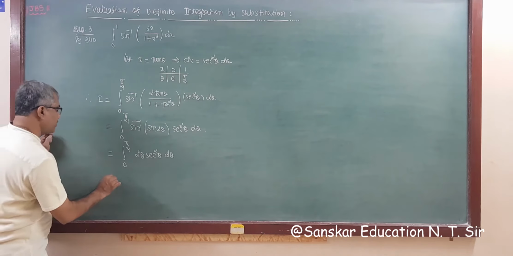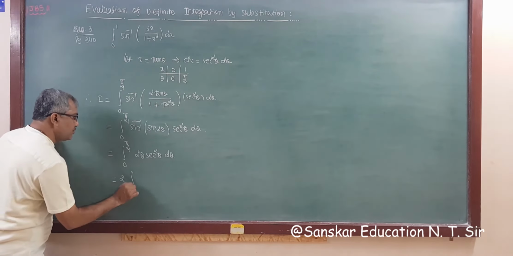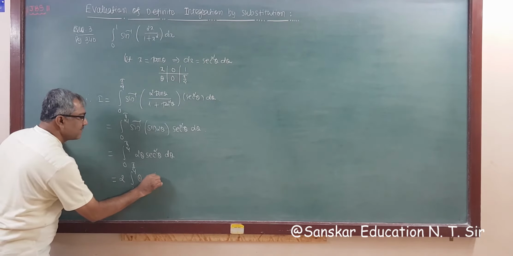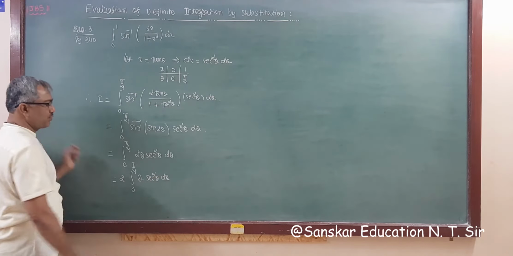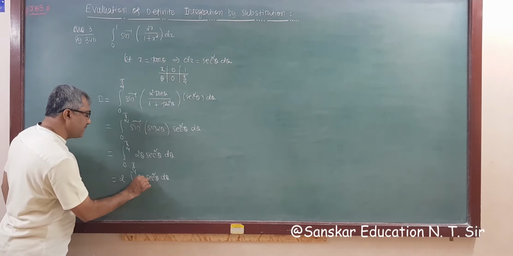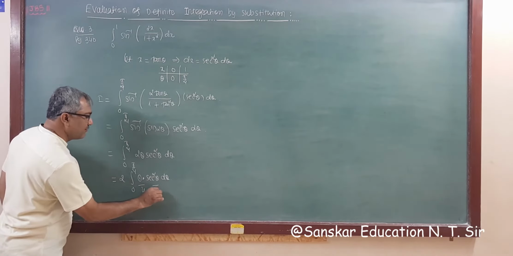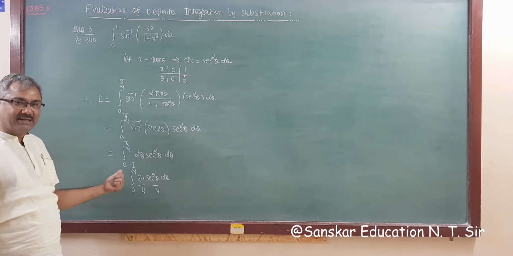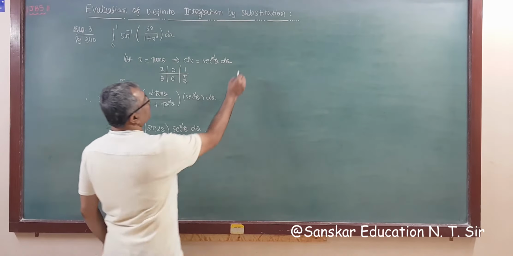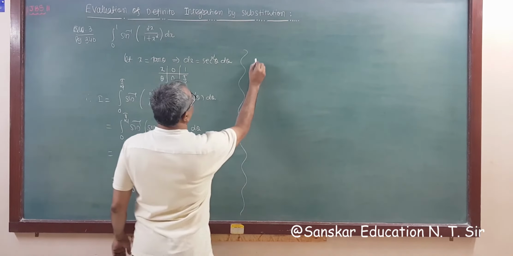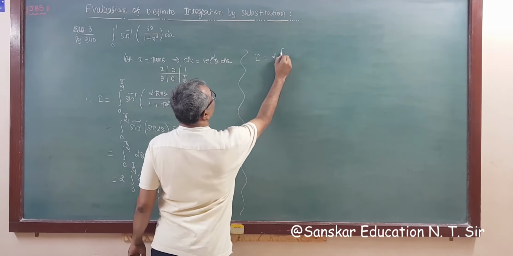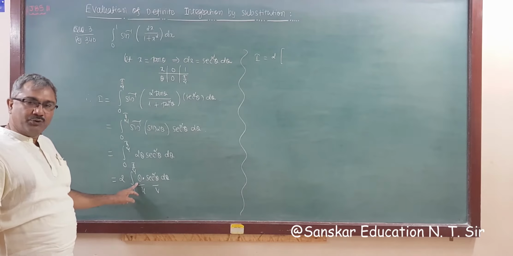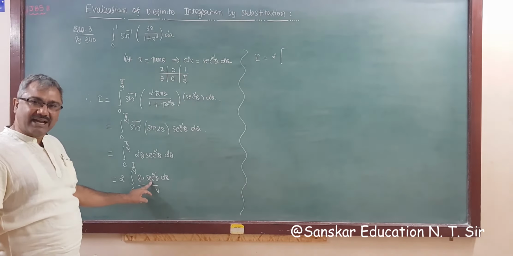So 2 is constant, so writing it outside, from 0 to pi by 4, this is theta and this is sec square theta d theta. So theta into sec square theta means integration by parts, so this is u, this is v, right? As you know how to write integration by parts in definite integration, applying the u into v rule here, what do we get? I is equal to 2 times: first, theta, u as it is, and the integration of this is tan theta, right?